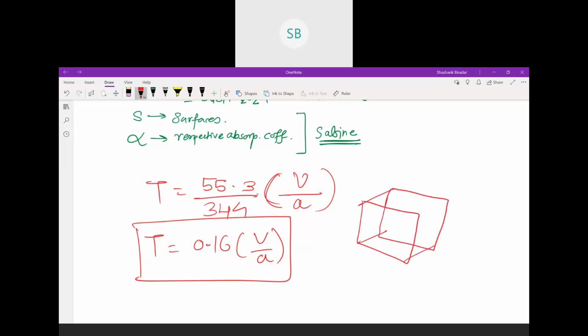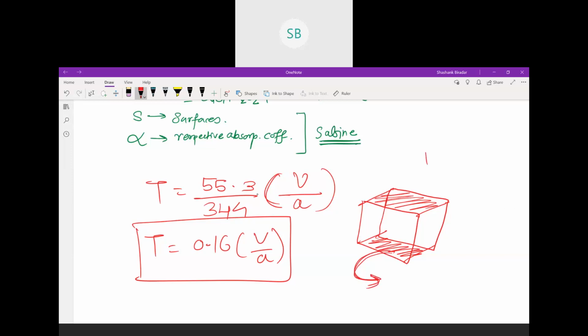In the 3D plot, this particular surface is the ceiling, and this particular one is the floor. You have to consider which surface you are considering. Suppose I consider the floor; on that floor we can have a carpet, and for carpet the absorption coefficient is different.